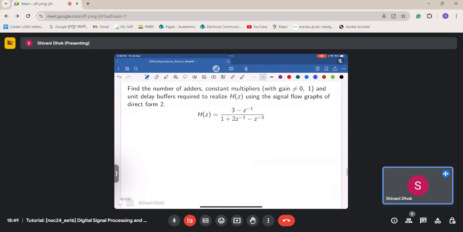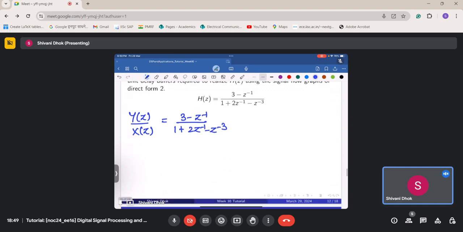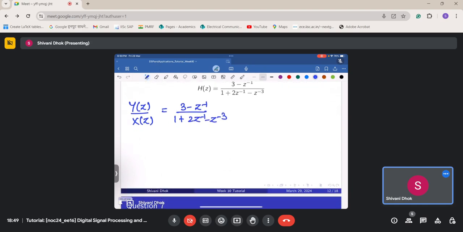So we have this H(z), which I can write as Y(z) upon X(z) as (3 minus z inverse) upon (1 plus 2z inverse minus z to the power minus 3). Now I can write this as Y(z) into (1 plus 2z inverse minus z to the power minus 3) equal to (3 minus z inverse) into X(z).